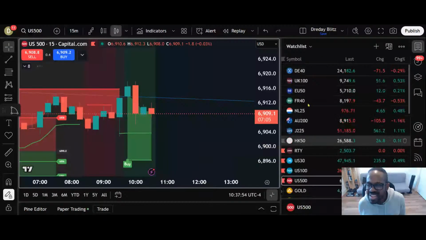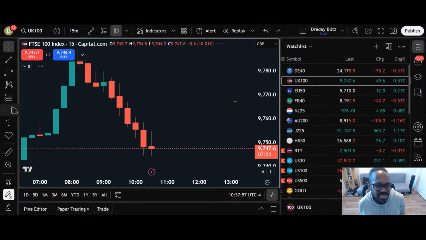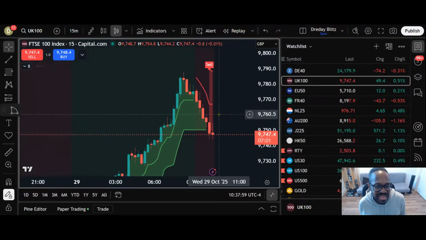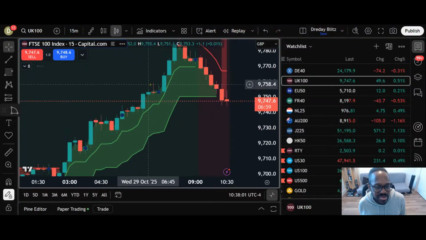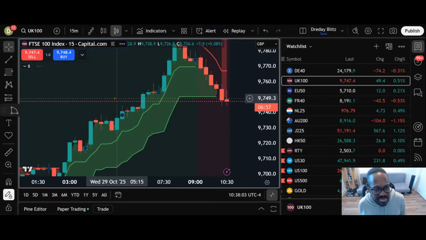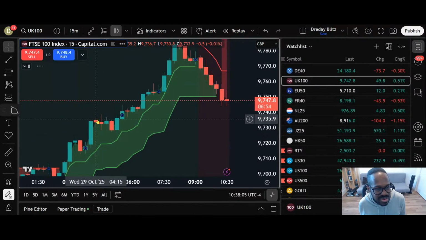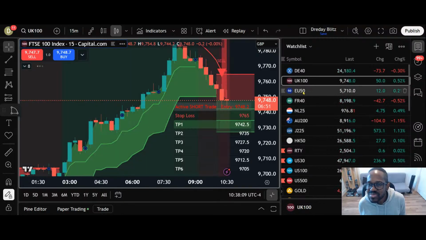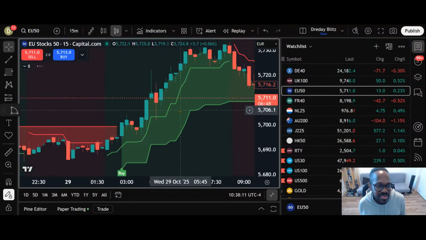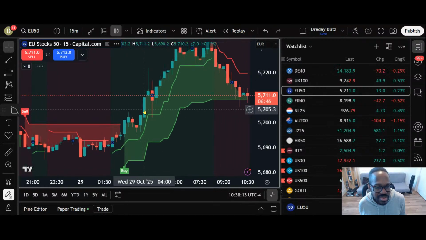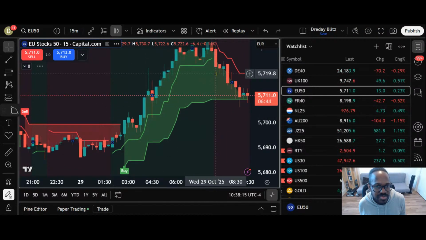And also we had the UK100 that was good at London, around 4 something. We had a buy pretty much right here. Price started to rally up. Euro50 also rallied up around 4.